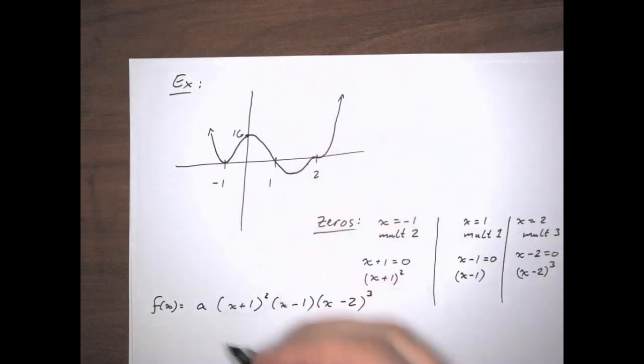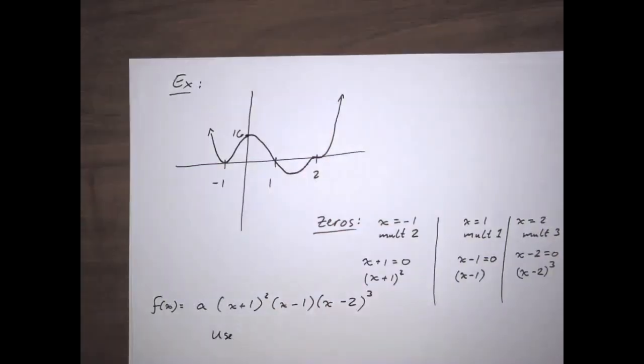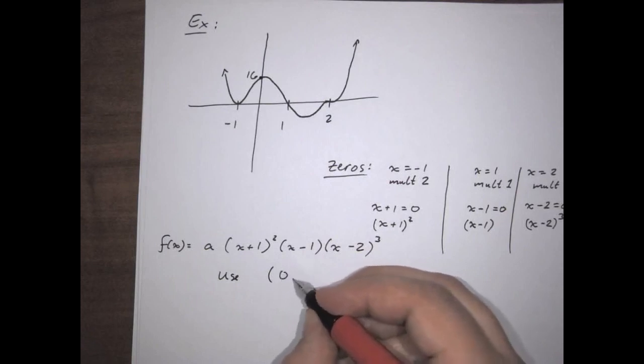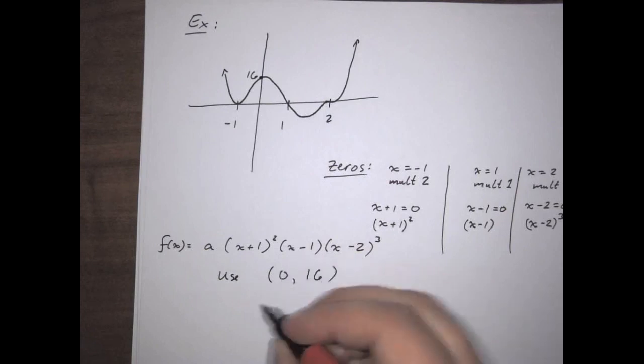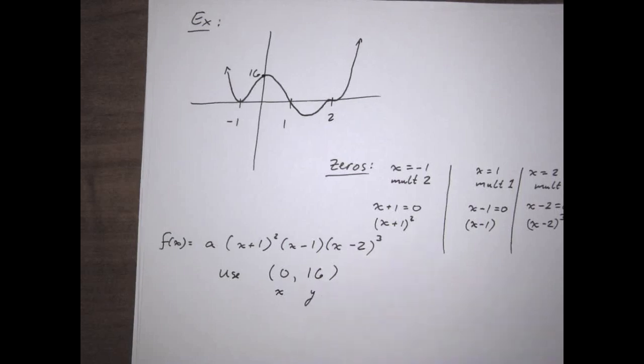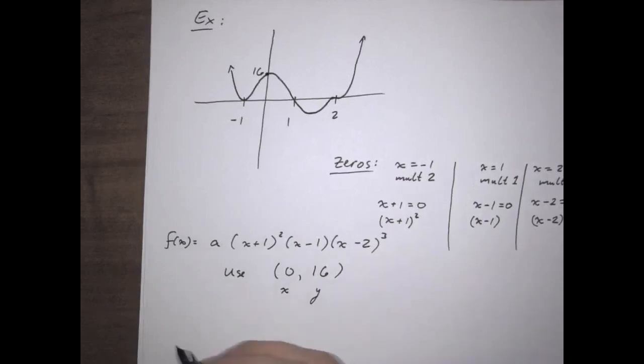And to find the a, what we use is one more point, and that one more point will be 0, comma 16. And the way we use that is 0 is going to play the role of x, 16 is going to play the role of y. So everywhere there is an x, we'll put in a 0, and we'll have 16 as the output.